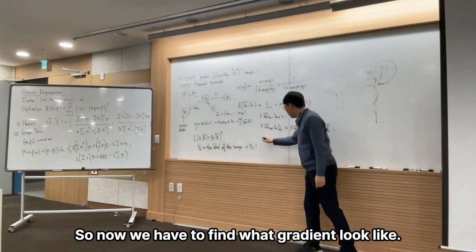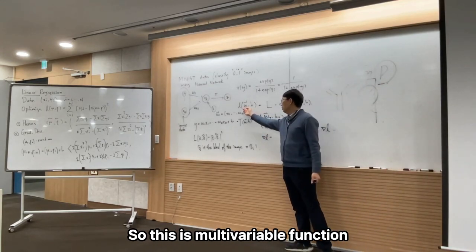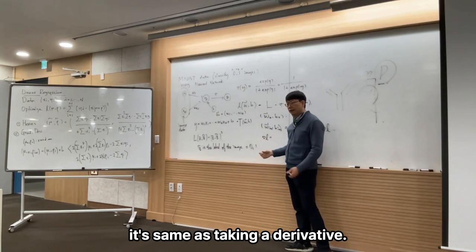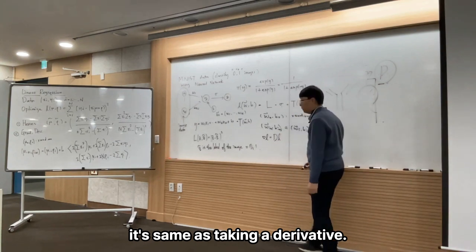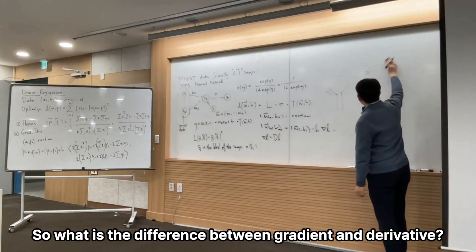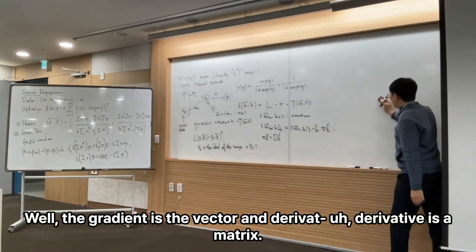Now we have to find what the gradient looks like. This is a multivariable function of real value, so taking the gradient is the same as taking a derivative. What is the difference between gradient and derivative? The gradient is a vector and the derivative is a matrix.